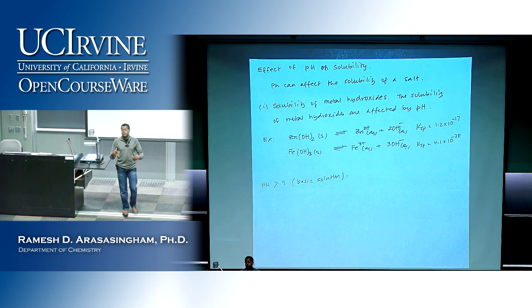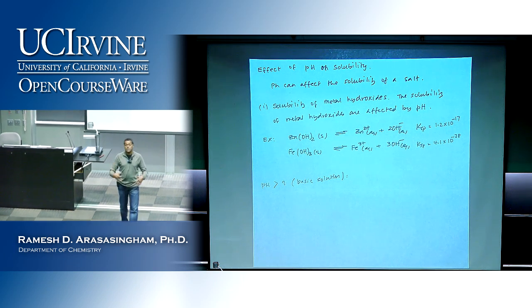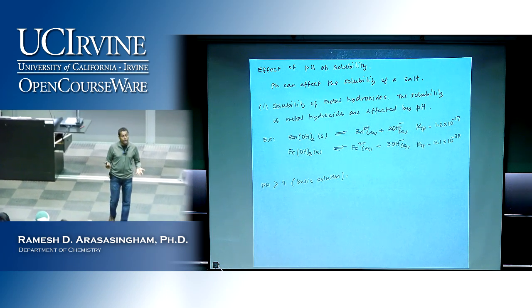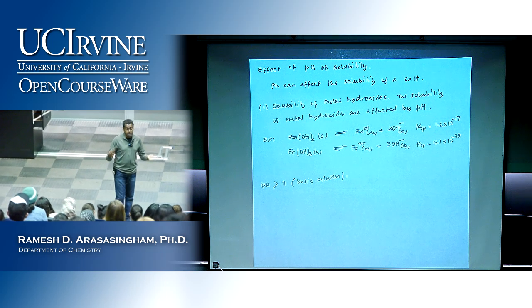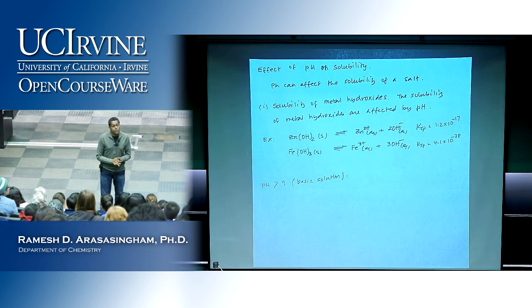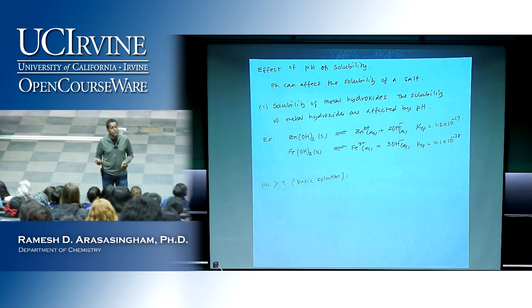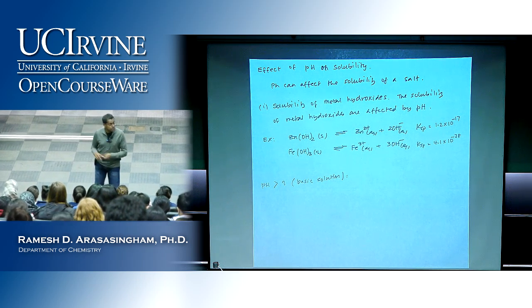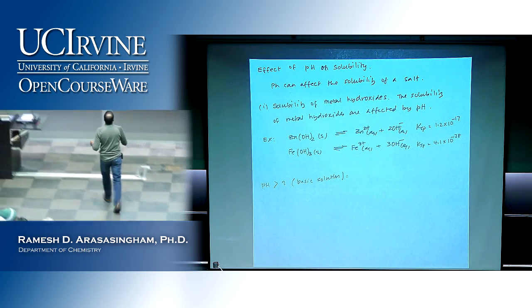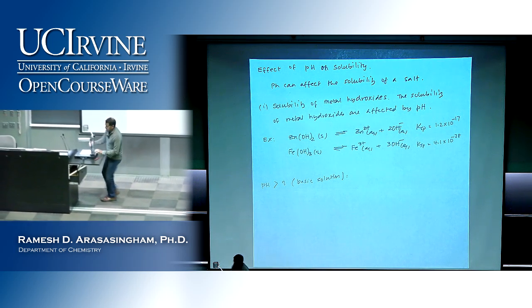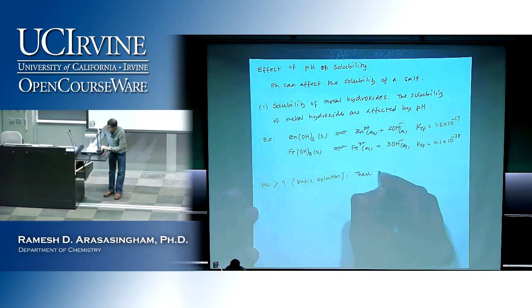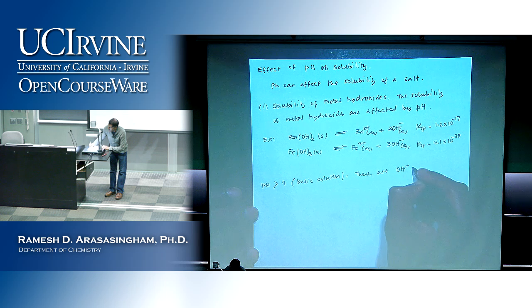Remember, what does it mean when your solution is basic? That means it's got hydroxide ions. So the moment you have hydroxide ions, you have a common ion effect. What happens to solubility? Solubility decreases, all right? So there are OH minus ions.